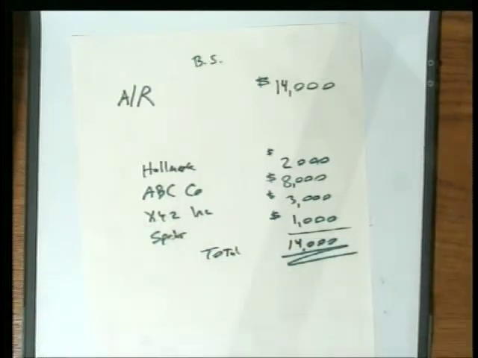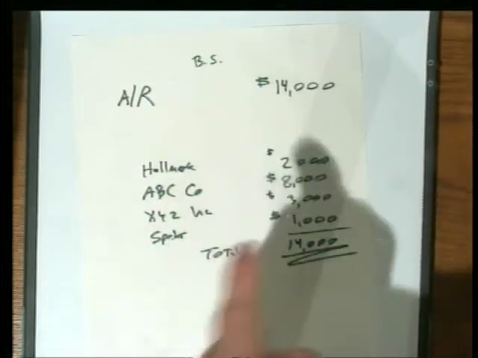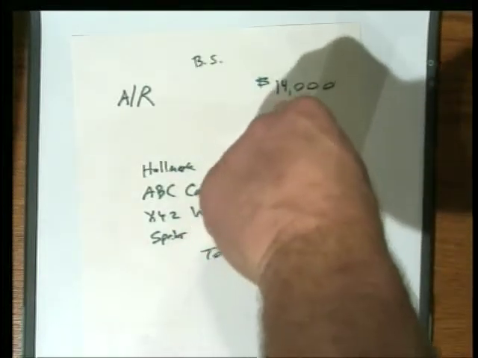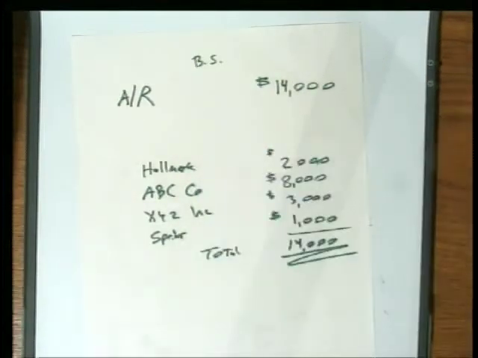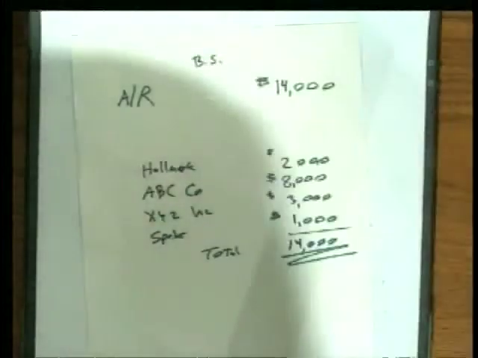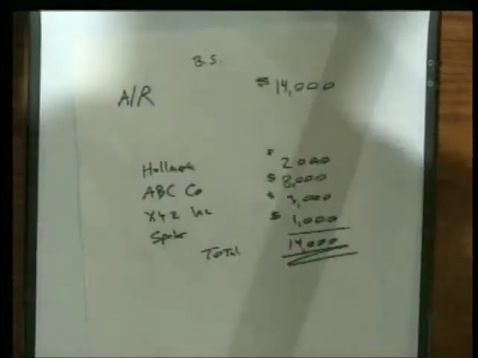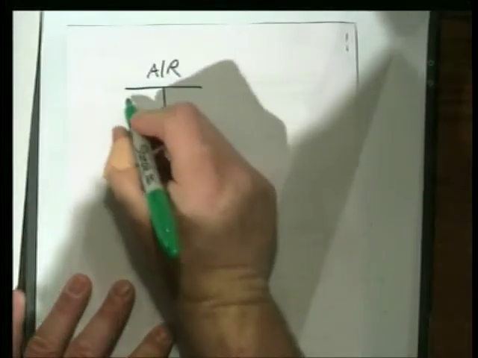So we don't have on our balance sheet hundreds of lines for each amount that each customer owes us. We just report the total. Does that make sense? Really, the way you can look at this is that this is a T account for our total AR.